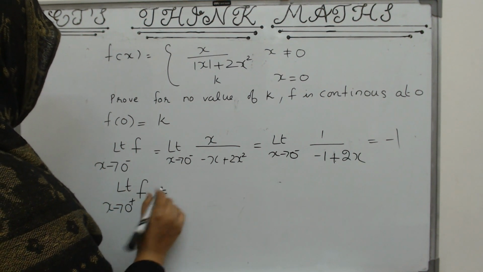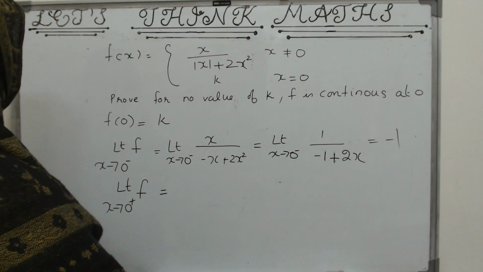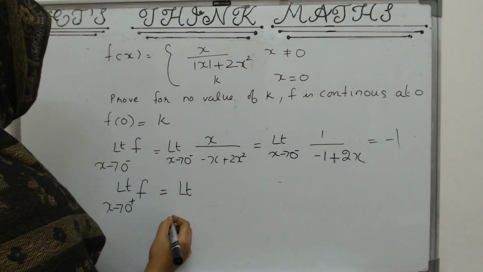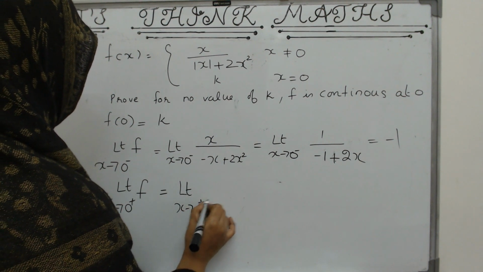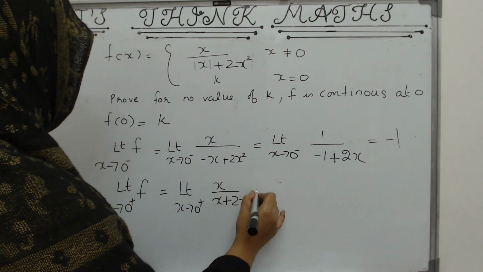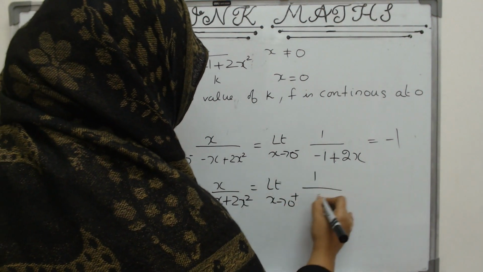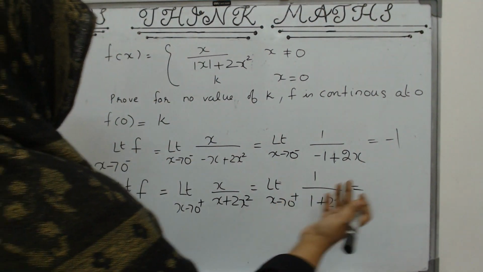Come to the right hand limit of f at 0. That means what if x comes from the right of 0? That means the values which are greater than 0. Then your modulus x will be plus x. So instead of x put 0, then what do you have?